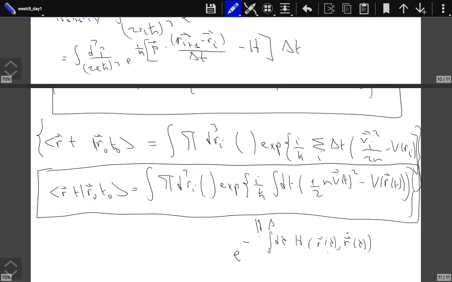So rather than trying to evaluate all those integrals over positions, we just use the interpretation of this kernel as a sum over paths, but we don't calculate all the paths. The paths that minimize that integral are the ones that contribute the most. So we just look at paths that minimize it or that are very close to the path that minimizes it.